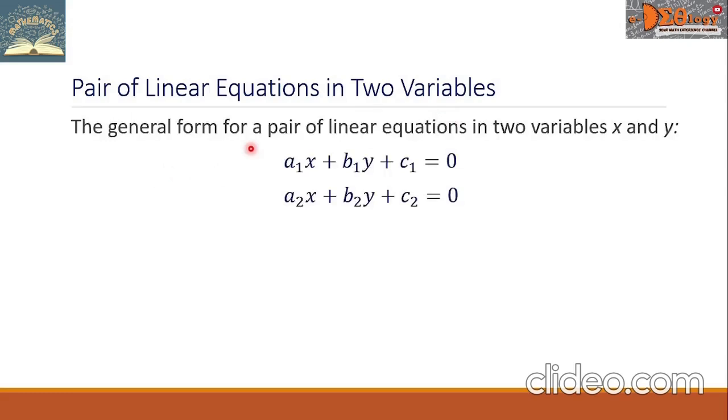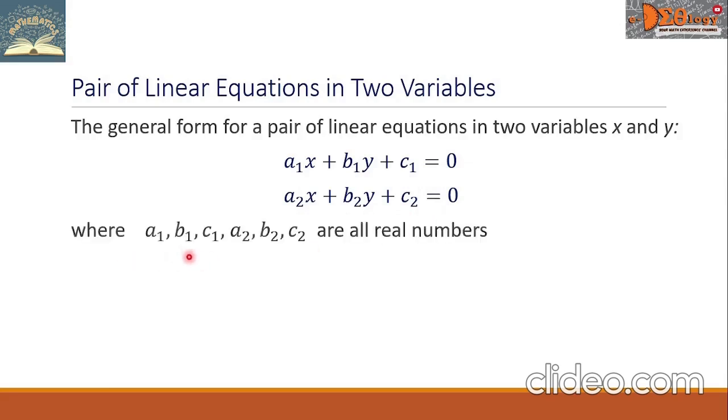The general form for a pair of linear equations in two variables x and y, we have a1 x plus b1 y plus c1 equals 0. a2 x plus b2 y plus c2 equals 0, where a1, b1, c1, a2, b2, c2 are all real numbers. a1 squared plus b1 squared not equal to 0.